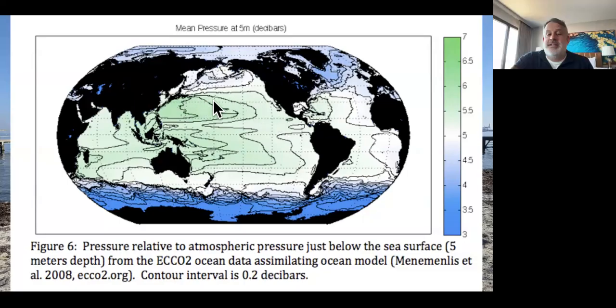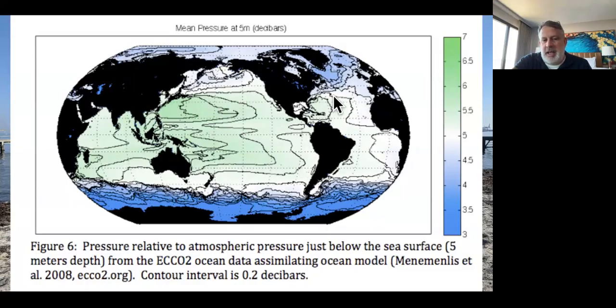Exactly. Atlantic. The subtropical North Pacific, the subtropical South Pacific, those same regions where we have the anticyclonic wind patterns, which are causing Ekman transport convergence. Same is true in the Atlantic. We have a high in the North Atlantic and a high in the South Atlantic subtropical regions.